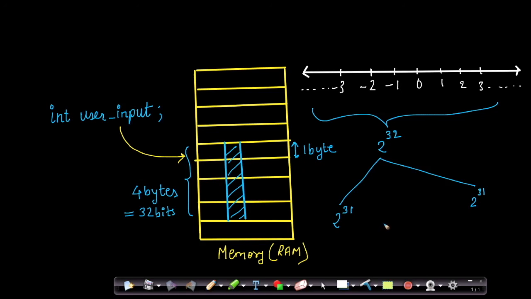We'll get 2 raised to 31 negative integers and 2 raised to 31 positive integers. And given that we also want to store 0 over there, let's subtract 1 from the positive side. Thus, on a system which uses 32 bits to represent an integer, the maximum negative integer will be minus 2 raised to 31, and on the positive side it will be 2 raised to 31 minus 1.